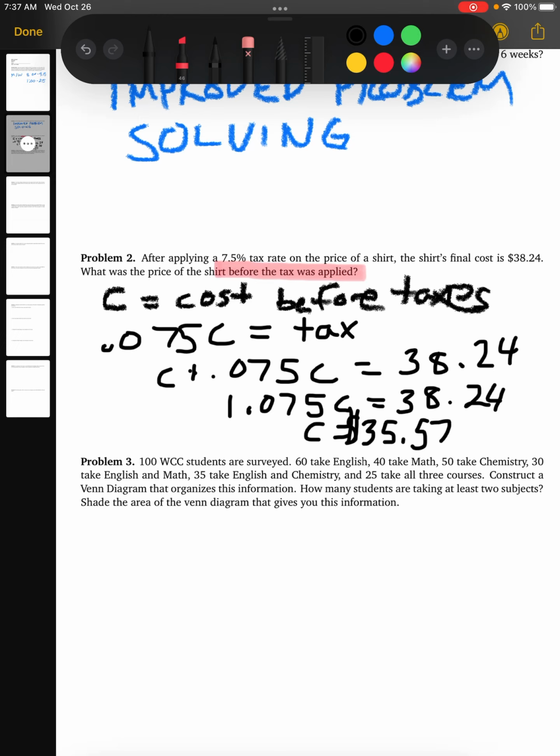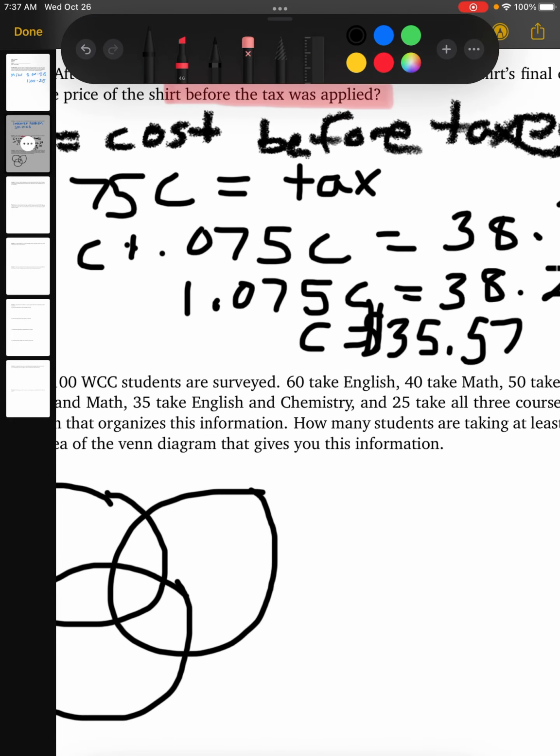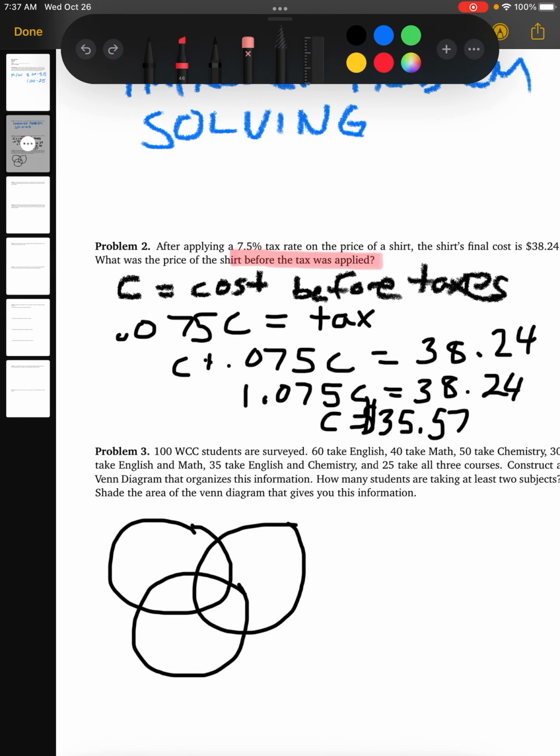So most of us started out pretty strong with a Venn diagram, right? We have 3 circles because we have 3 overlapping. I'm going to zoom in here a little bit. The first thing you want to start with is your 25 that take all 3 courses.